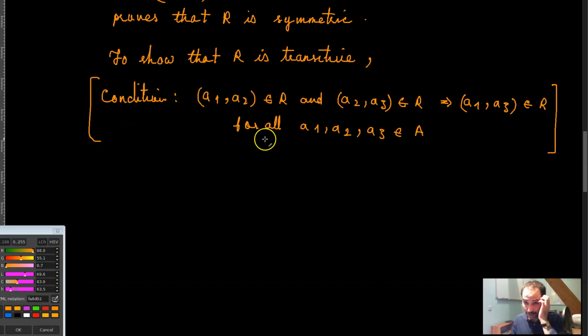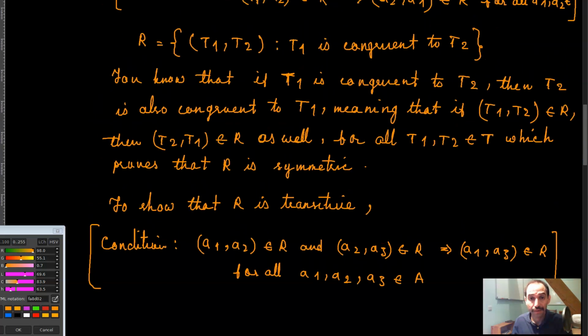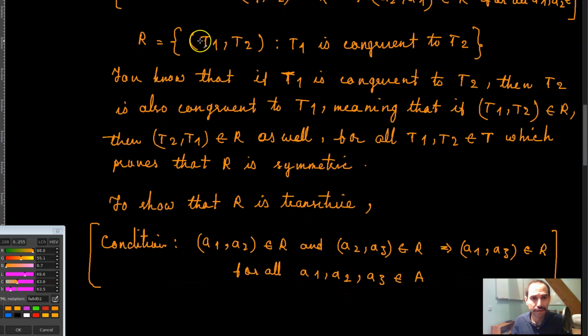Now, here you could argue that in the case of these triangles, R is the set of all ordered pairs T1 comma T2, such that T1 is congruent to T2, right?